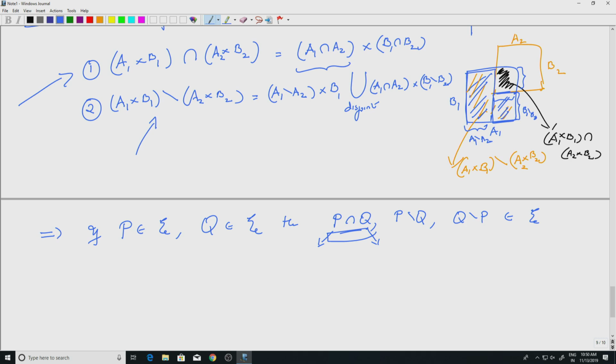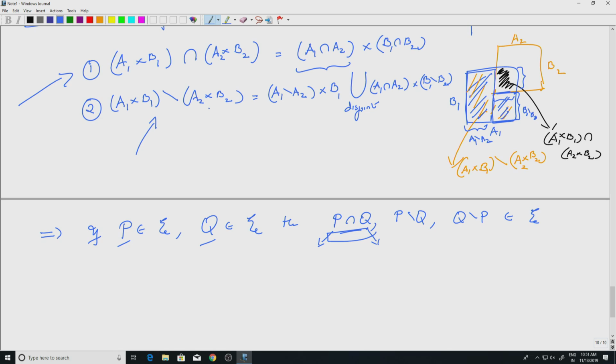I have written the difference of two measurable rectangles as disjoint union of measurable rectangles. So, if I take two sets from elementary sets, then the difference would be the corresponding union. So, you will get P minus Q, Q minus P is the same, they are all in E. So, E is closed under intersection and set theoretic differences.